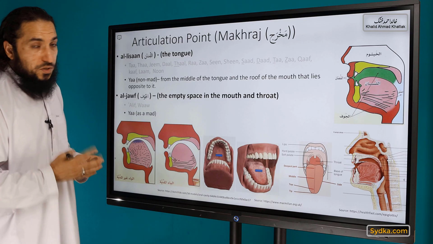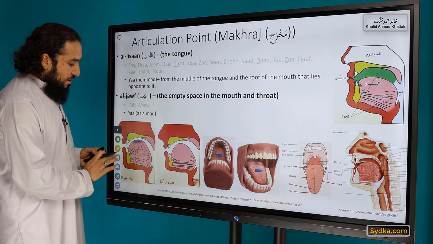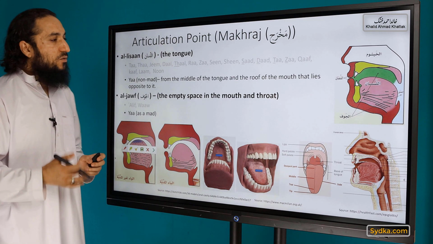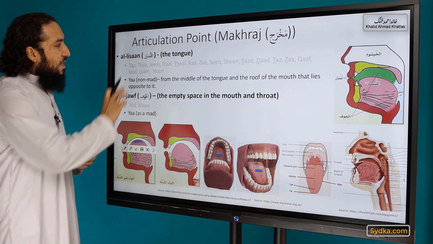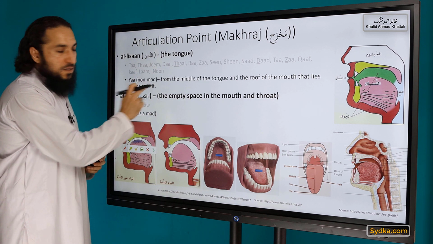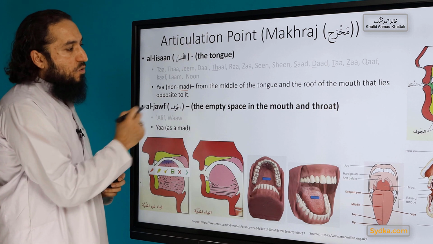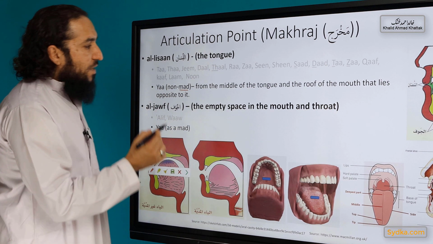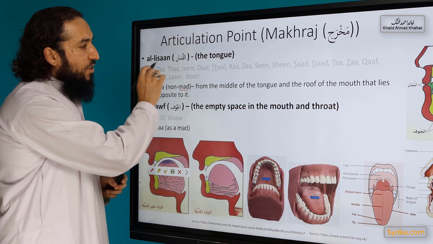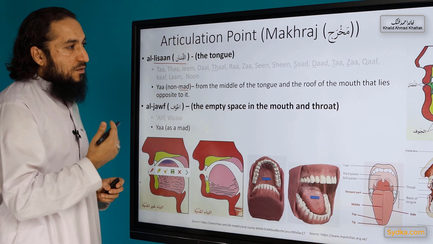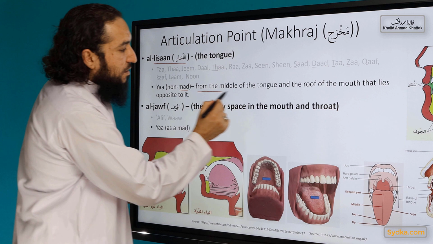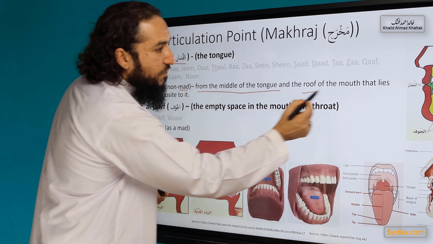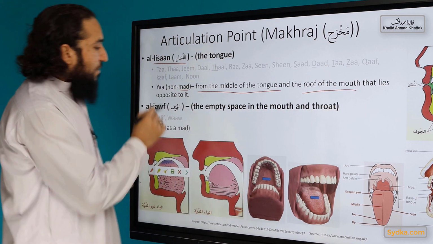So it has two articulation points because it has two different sounds. If it is non-mad, which is when it is a consonant, then its articulation point is al-lisan, the tongue, from the middle of the tongue and the roof of the mouth that lies opposite to that position.